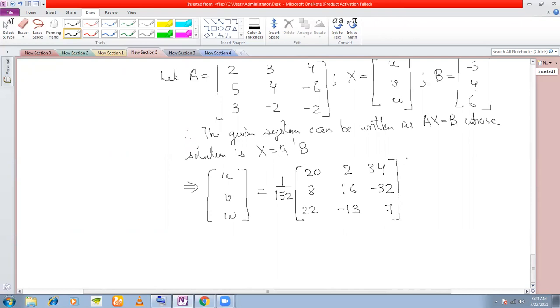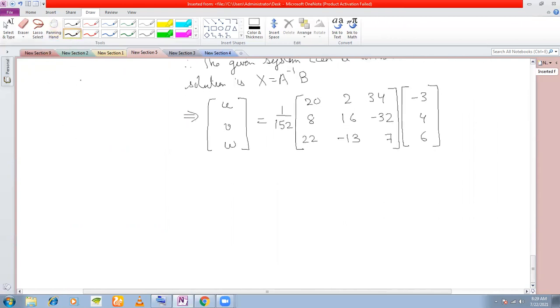It is A inverse into B. B here is minus 3, 4, 6. Now you multiply everything. 1 by 152.